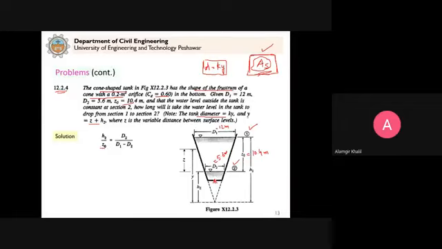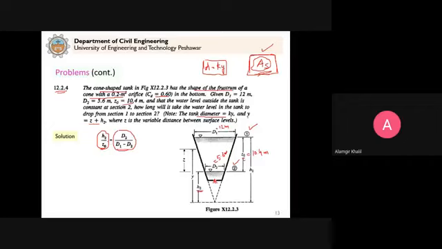So H2 divided by Z naught is equal to D2 divided by D1 minus D2. It says that this ratio is the same as this ratio. This is how it is written. Left hand side is equal to the right hand side.